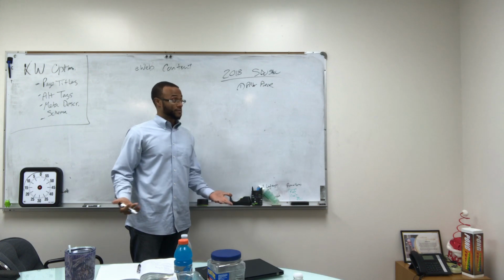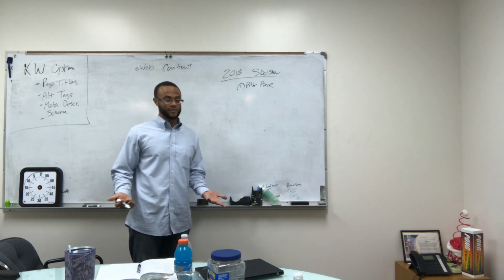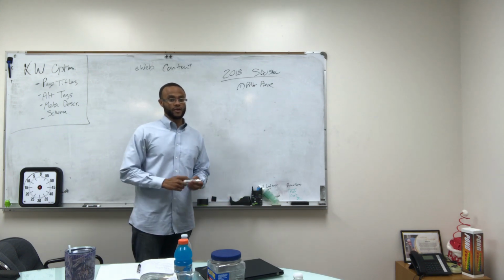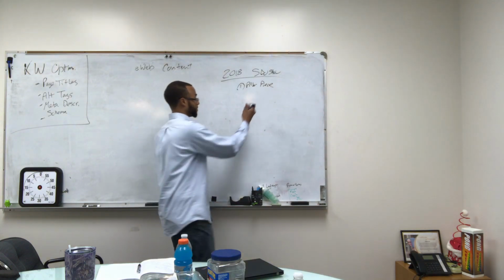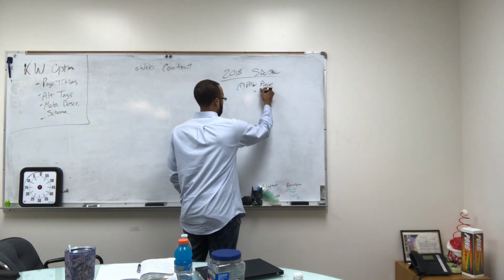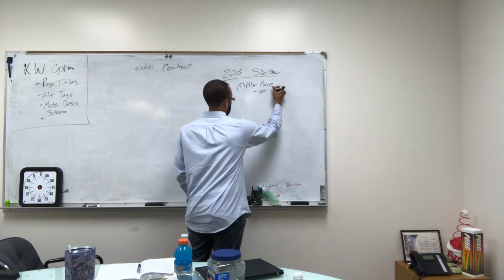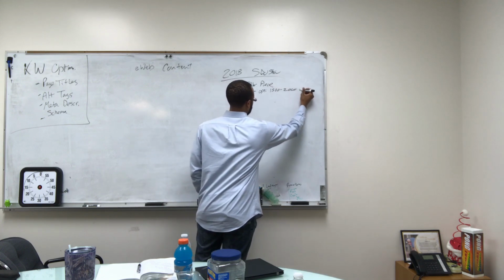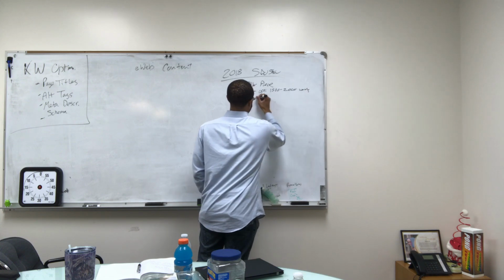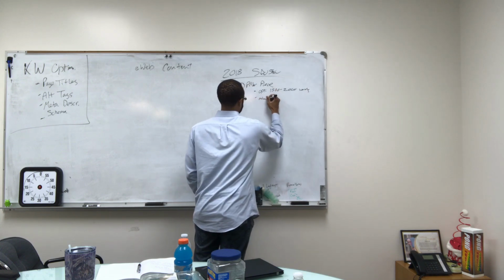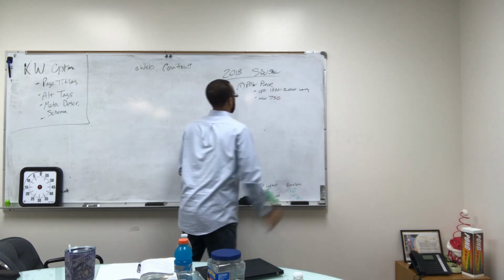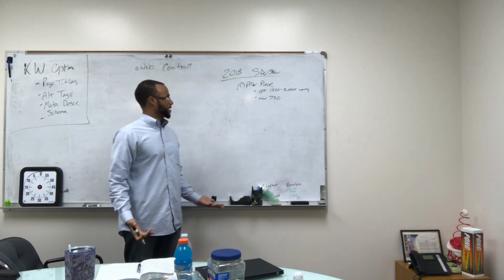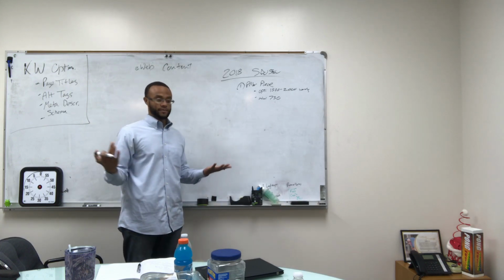But at a minimum, let's say if it's a local business we're working with, 750 would be a good start. So I'll put that here. Optimal, 1,500 to 2,000 words. Minimum, 750.